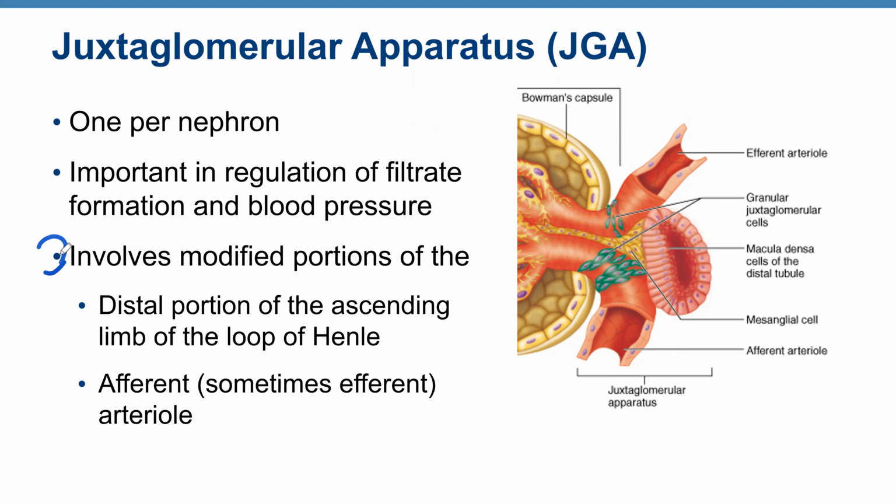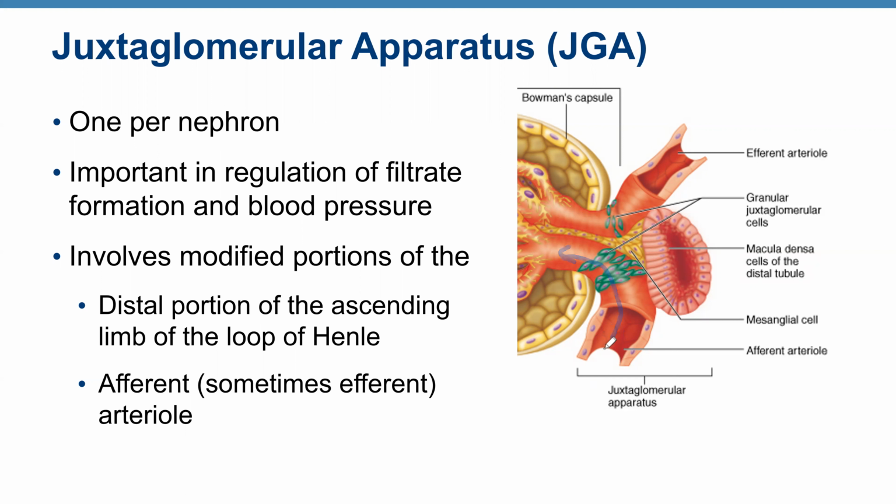It involves a modified portion of the distal portion of the ascending limb of the loop of Henle and efferent, sometimes afferent arteriole. So this is our Bowman's capsule or glomerular capsule. Remember, that's our glomerulus. So here's our efferent arteriole, so the blood flows toward the nephron.